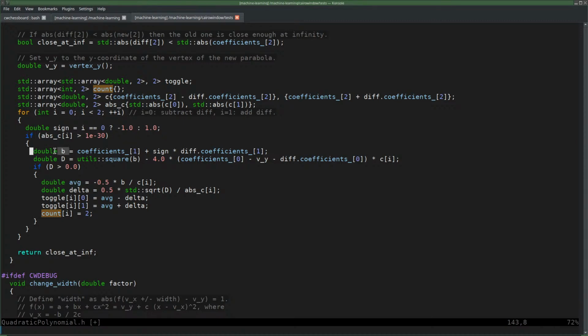the B coordinate of the polynomial, which is the B coordinate of the current one plus the sign, or whether or not to subtract the diff, times the B coordinate of the diff.